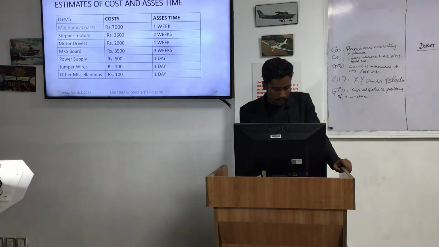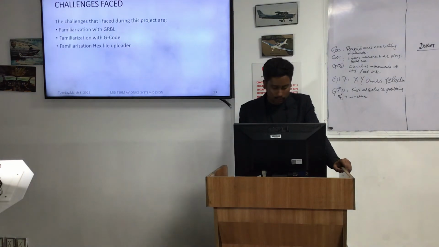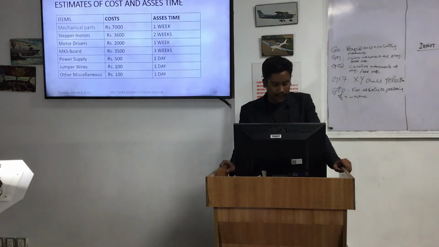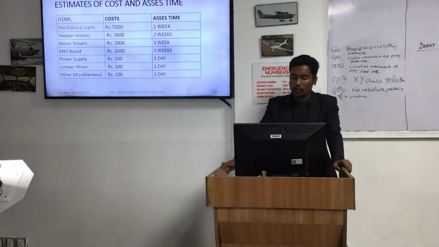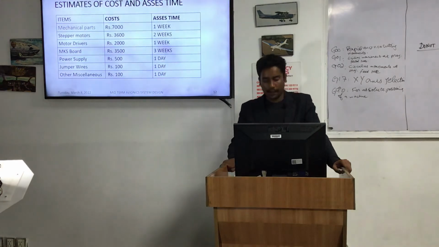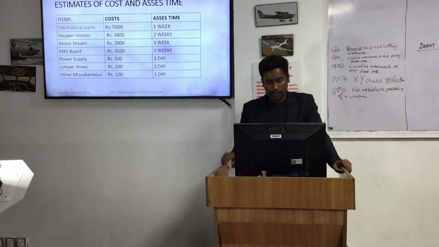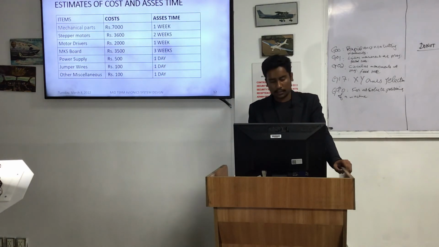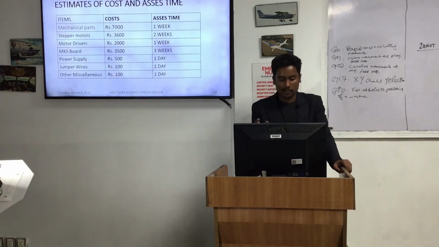And then estimates of cost and SS time. This is the estimate of cost and the SS time that an item takes to arrive. There are 10 to 12 items and their costs and SS time are written corresponding to them.